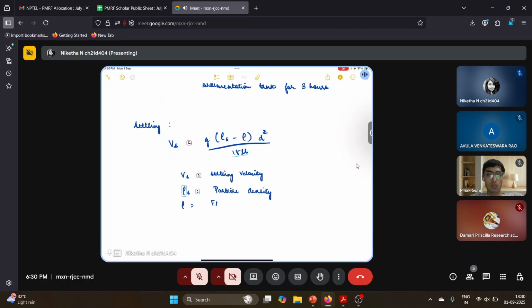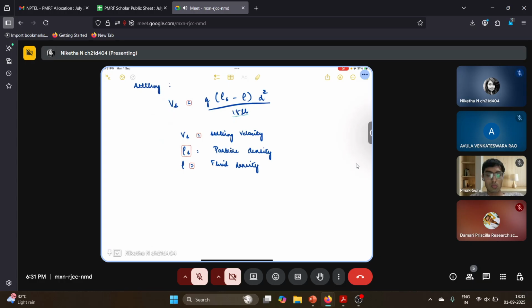Rho is the fluid density. So by particle density, we mean the density of the colloid, and rho is the density of the liquid or water. D is the particle diameter. And mu is the dynamic viscosity.